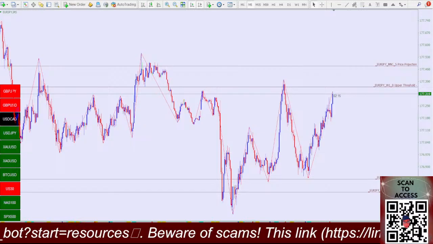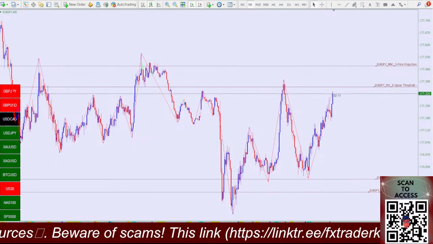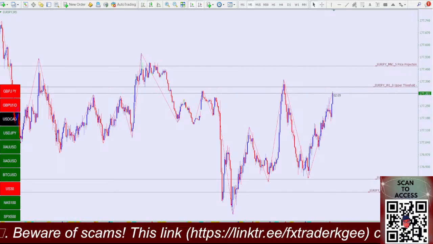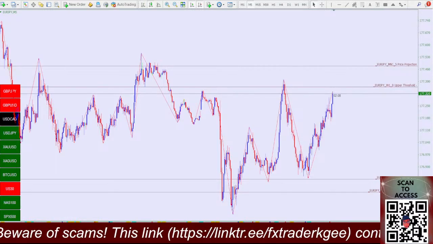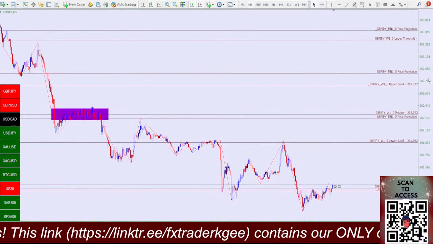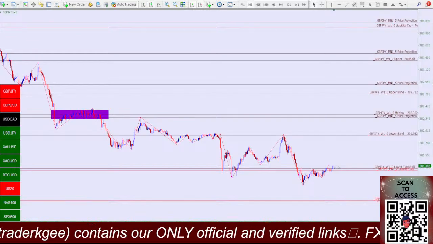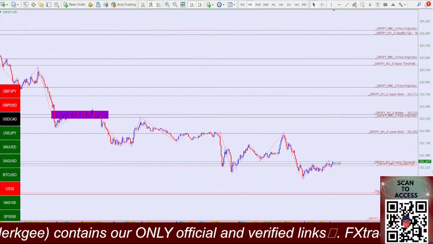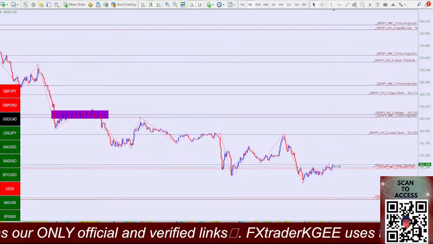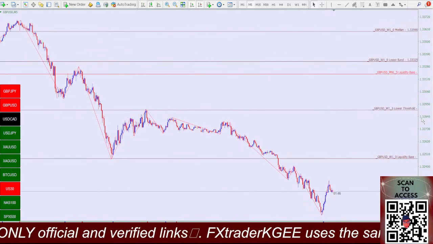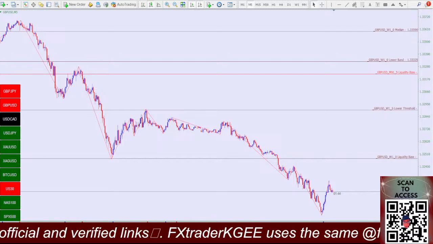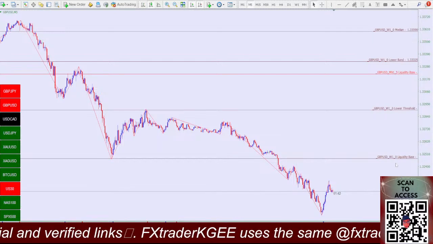Now the other one that I want to talk about is the liquidity base. Okay, it's actually been covered by one of these. So let me look for, okay, now this is another one here from GBP USD, the liquidity base.